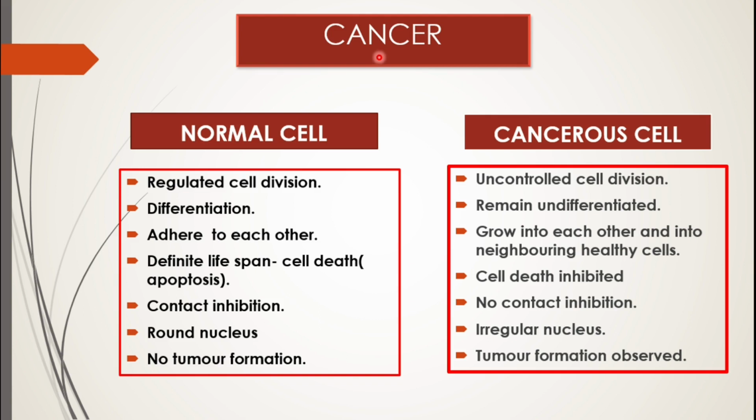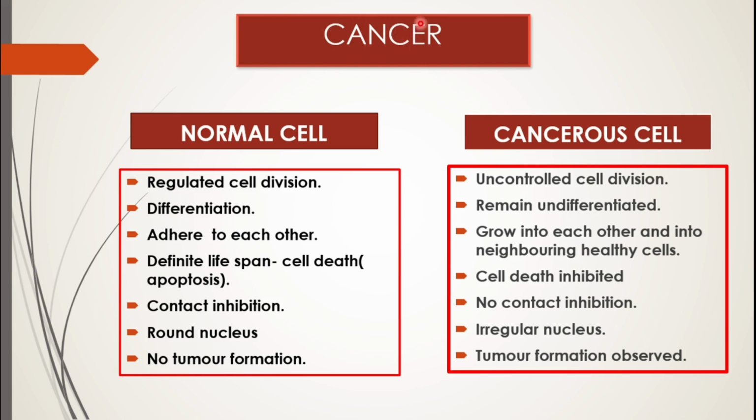Or you may have heard about sarcoma, which is cancer caused in organs developing from the mesodermal layer, like bone cancer, cartilage cancer, etc. The melanoma, which is the cancer of the skin, leukemia, cancer of the blood, myeloma, cancer of the myelin sheath. So there are different kinds of cancer.